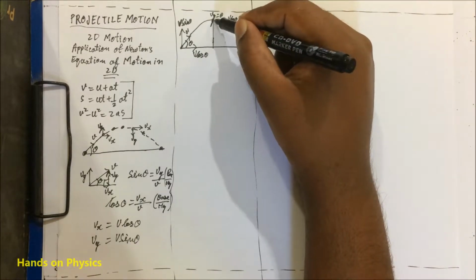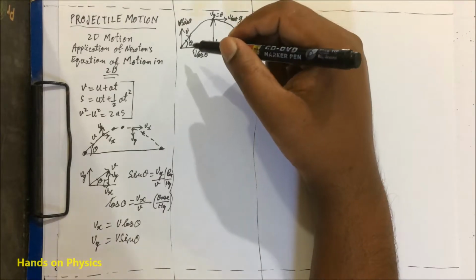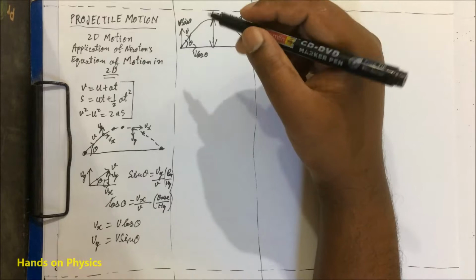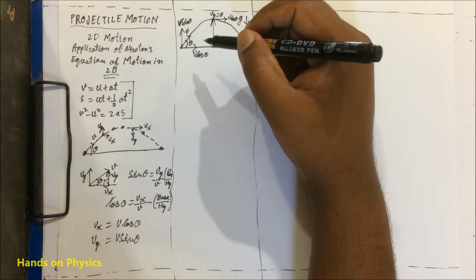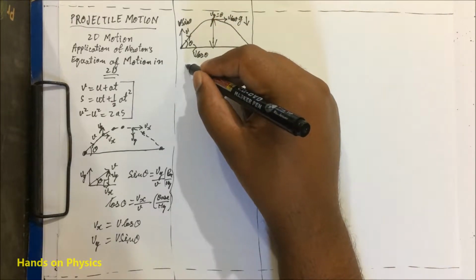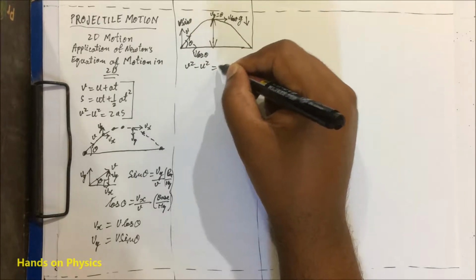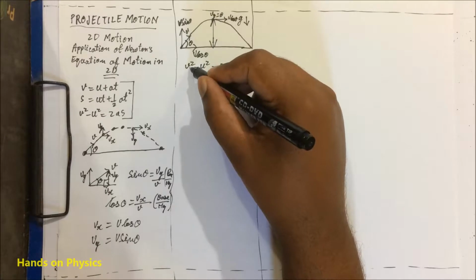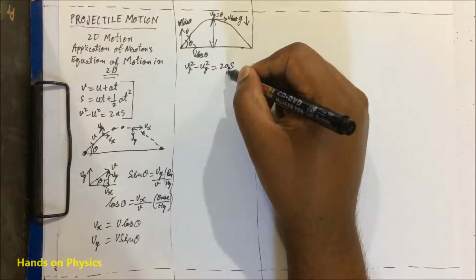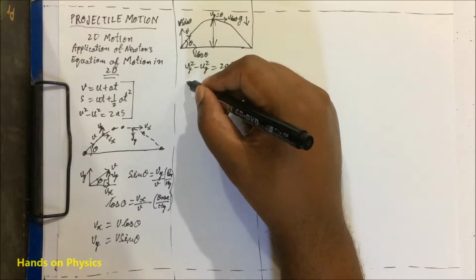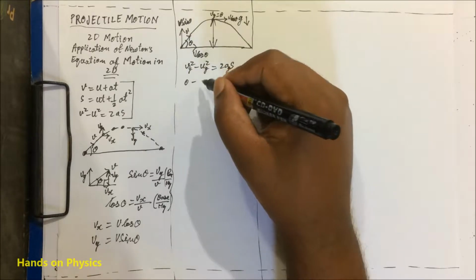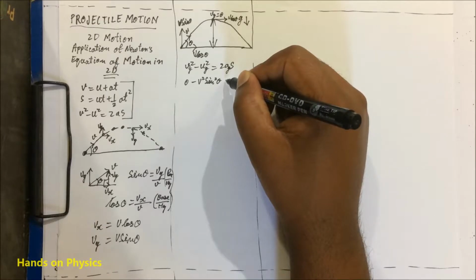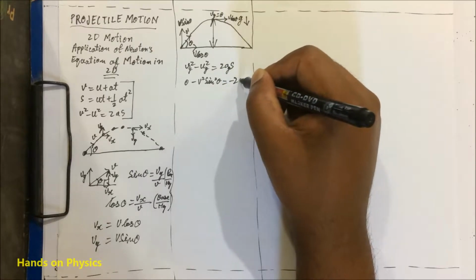If we want to find out this height, we will apply Newton's equation of motion in one dimension only, in the y dimension, considering v sine theta as the initial velocity. We'll apply v square minus u square equals 2as, the third equation. The final velocity in the y-axis direction is 0, minus the initial velocity v square sine square theta is equal to minus 2gh.